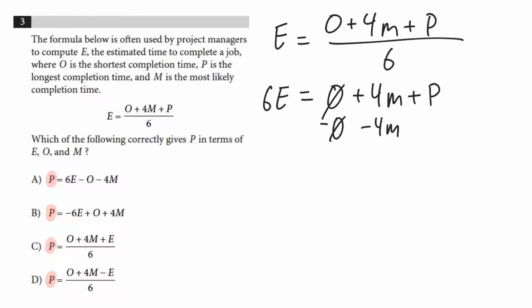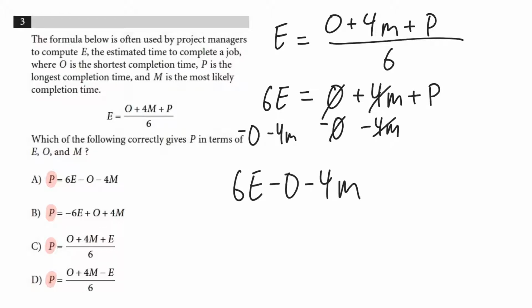So those will cancel off on the right side, and I'm going to subtract it from the left side as well. Okay, so I'm going to get 6E minus O minus 4M equals P.